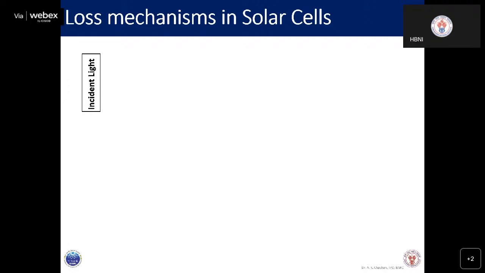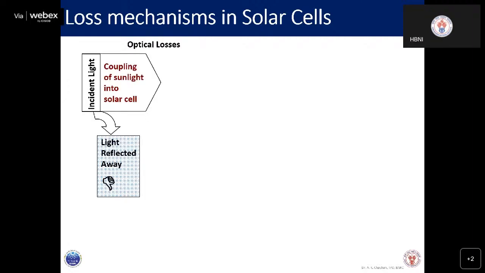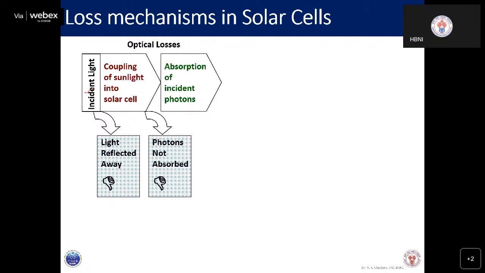Now, what are the different loss mechanisms in a solar cell? Almost everything is explained in a crude way, but I want to put it in this slide. Suppose light falls on a solar cell, it can reflect away. If it reflects away, this is a total loss. So this is optical loss.